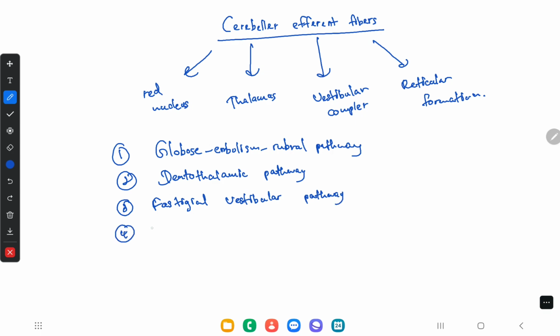Fourth one is the fastigial reticular pathway. First, the globose emboliform rubral pathway.